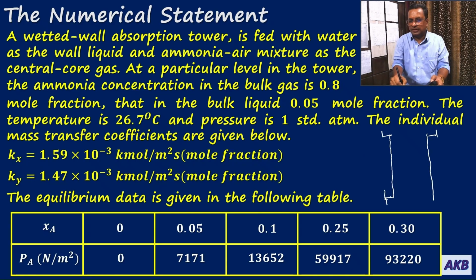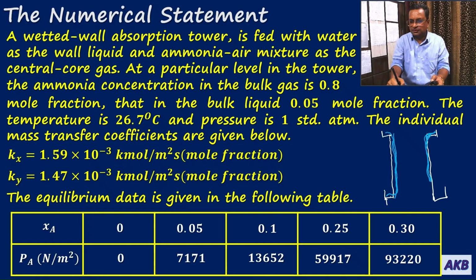They say a wetted wall absorption tower is fed with water as the wall liquid. So water is sent through the wetted wall column as the wall liquid, that is, it is flowing past the wall of the wetted wall column or wetted wall tower.